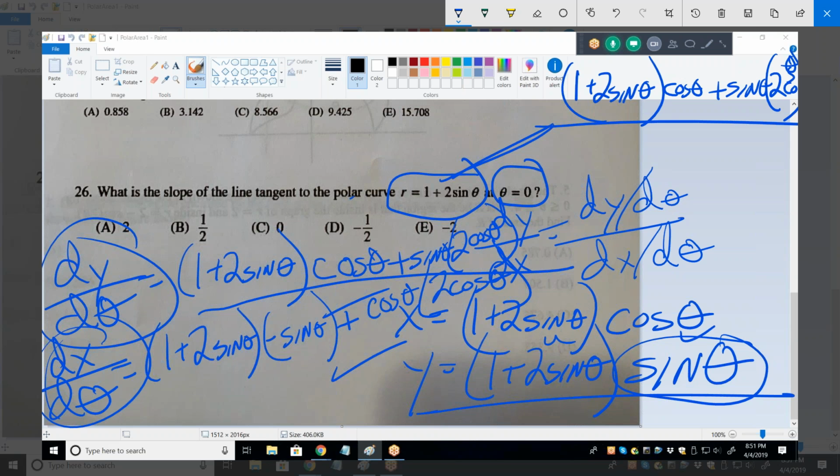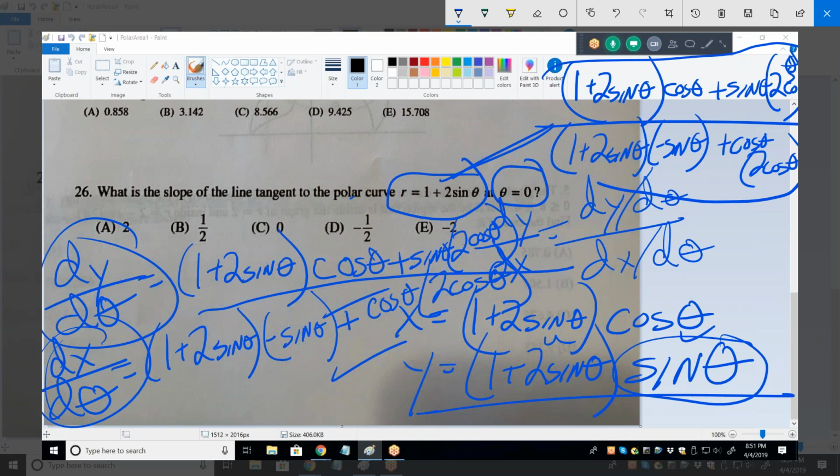I'm dividing that by dx/d theta, which is 1 plus 2 sine theta times negative sine theta, plus cosine theta times 2 cosine theta. So there's our dy/dx right there.